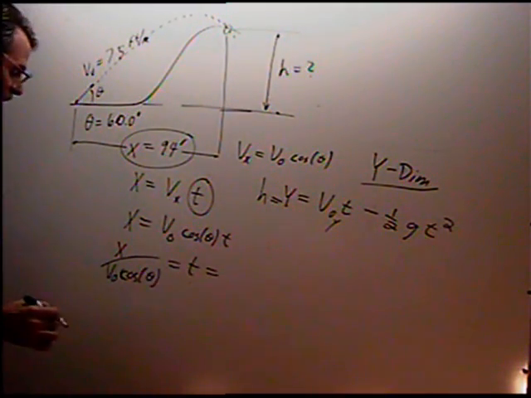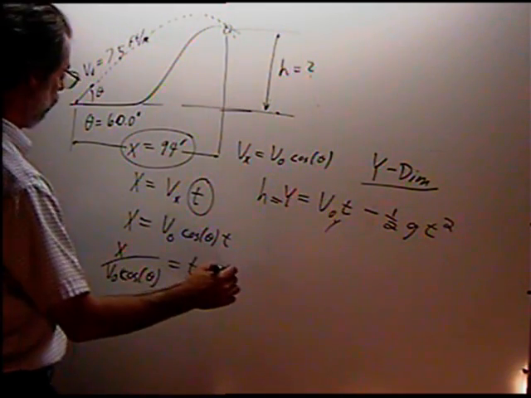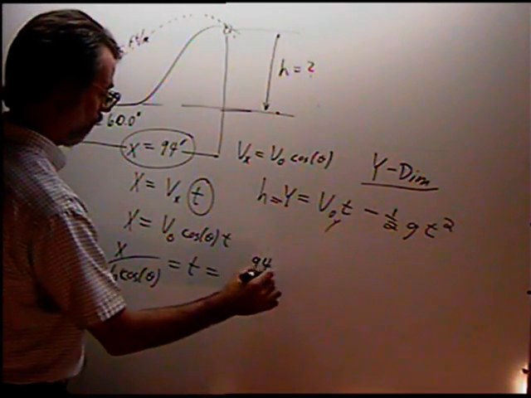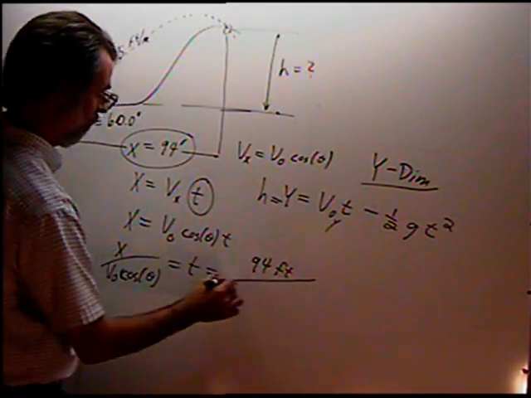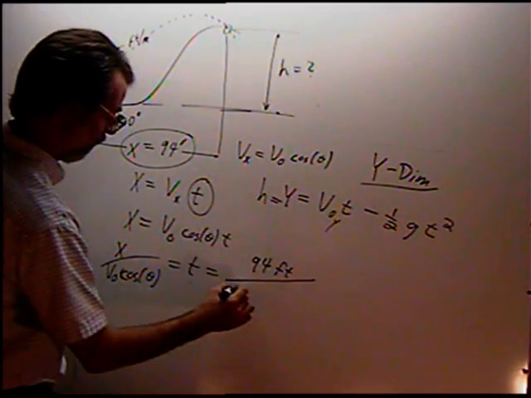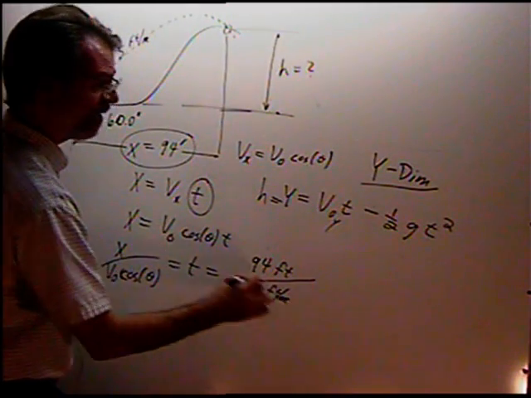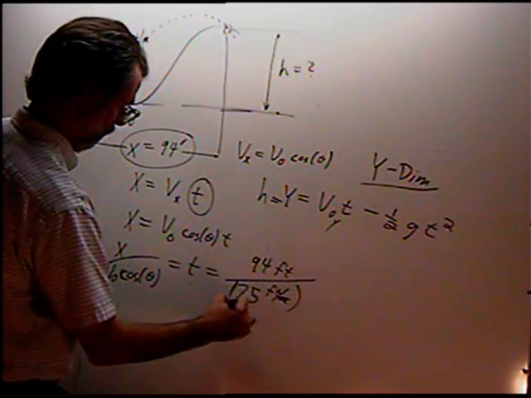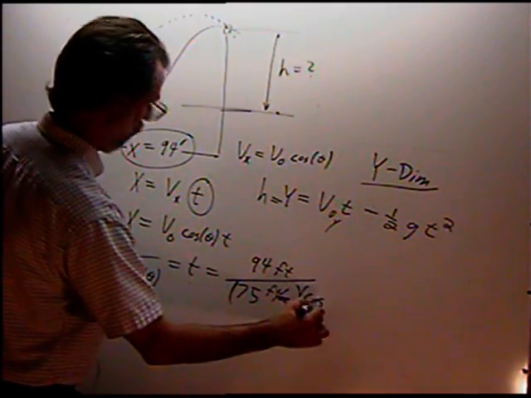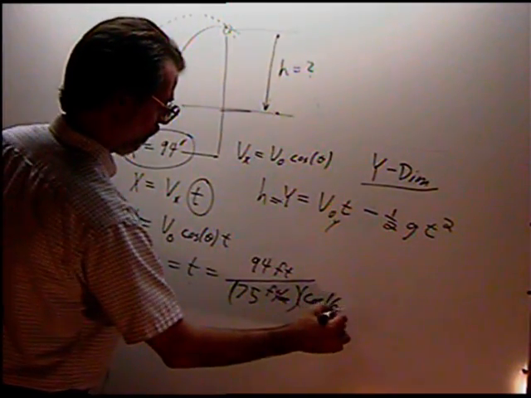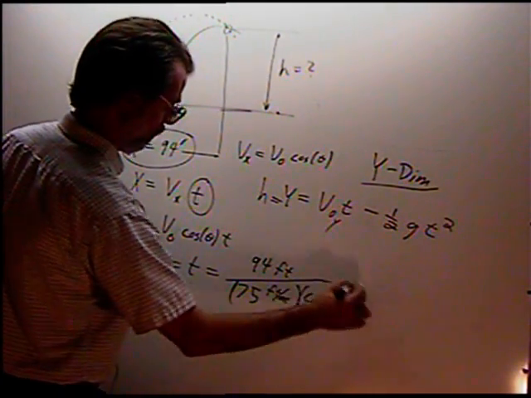So we can solve for that. So t is 94 feet divided by 75 feet per second times the cosine of 60 degrees.